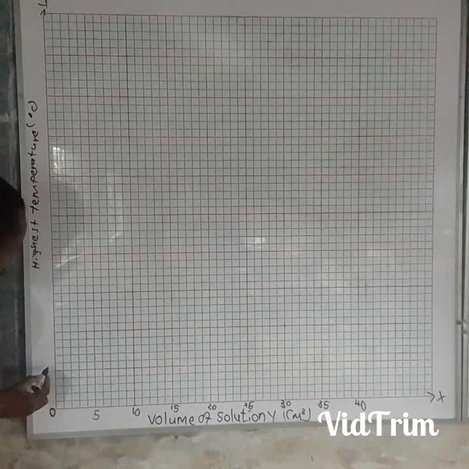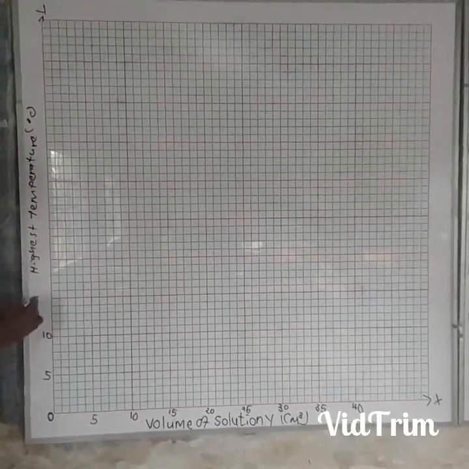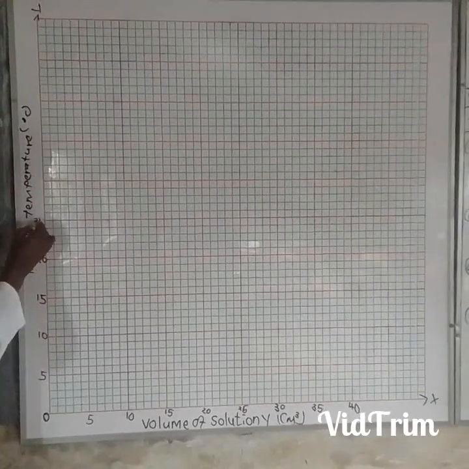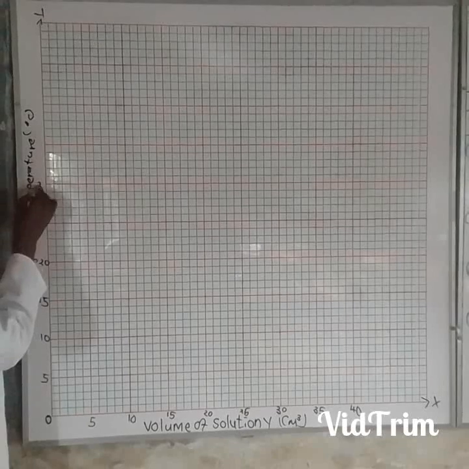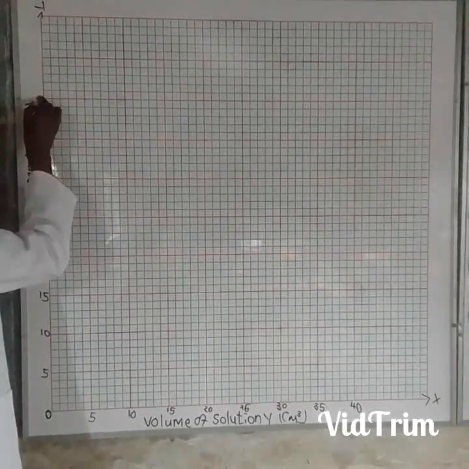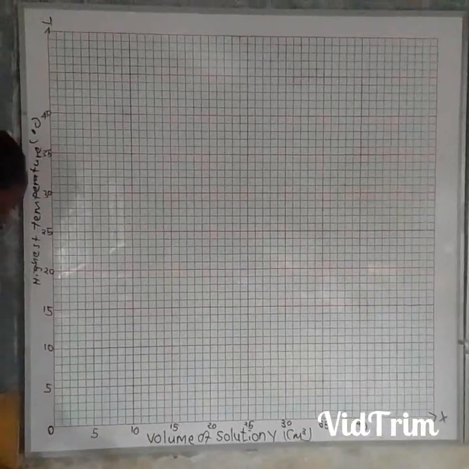So that I can also say this is 5 degrees Celsius, 10, 15, 20, 25, 30, 35, 40. Is it okay, my student? So I'm going to plot.